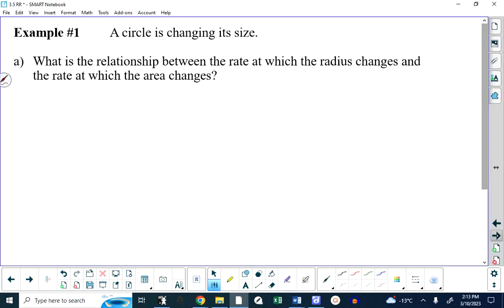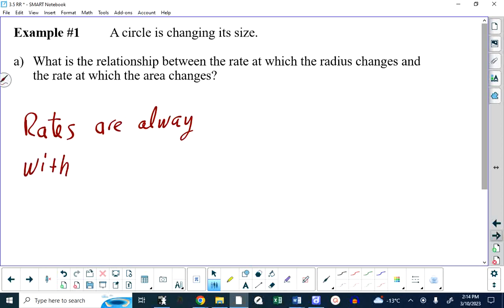However, to begin with, I want to just back up for a second and tell you that in this section, rates are always with respect to time. And we've talked about this before.